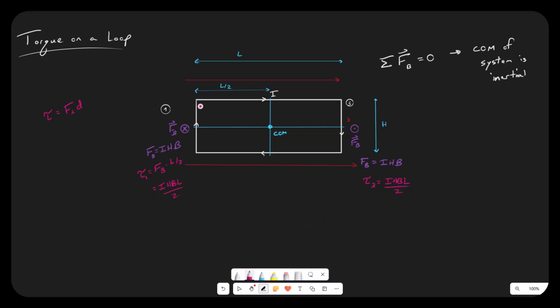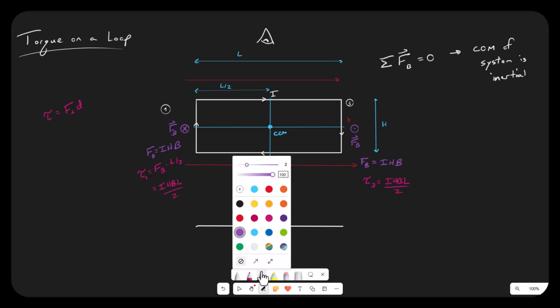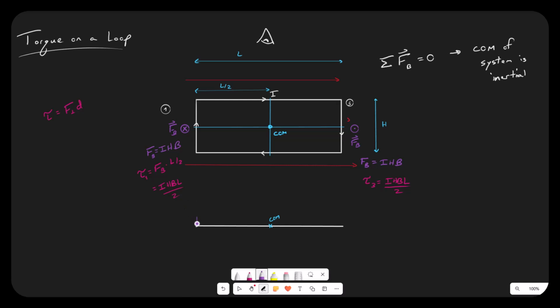This torque over here will make this side of my loop rotate backwards into the screen. If I were able to view this thing from above, I would say here's my center of mass, and this side is getting a force that points back into the screen.